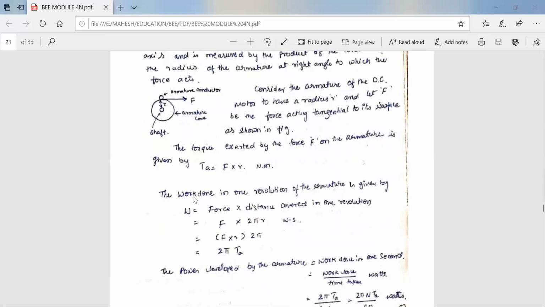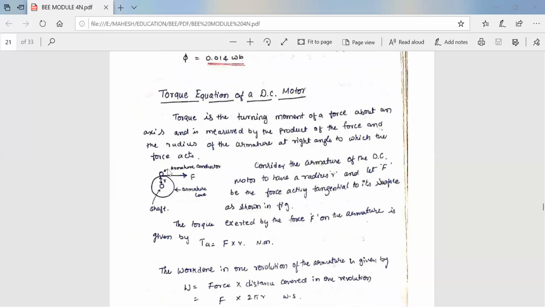Next, the work done in one revolution of the armature. As the armature starts rotating, I have considered only one revolution. We know the general definition of work: it is given by force into distance or displacement. Since I have considered only one revolution and the armature is circular, I have to consider the distance in terms of the circumference.